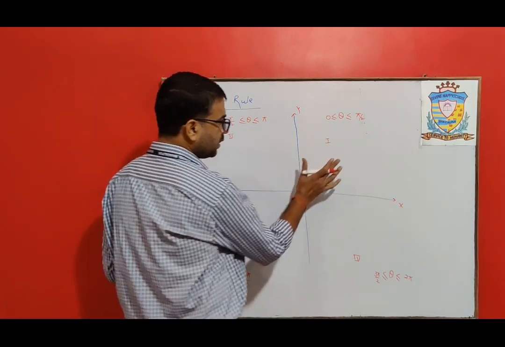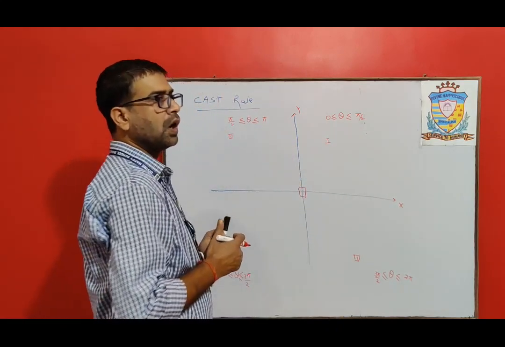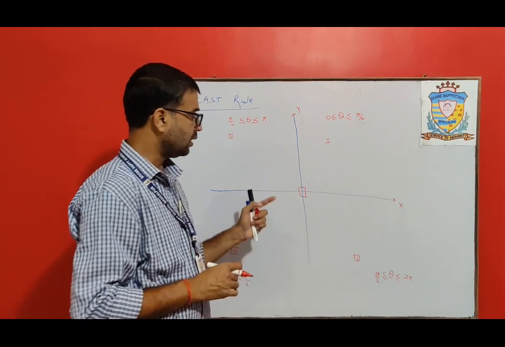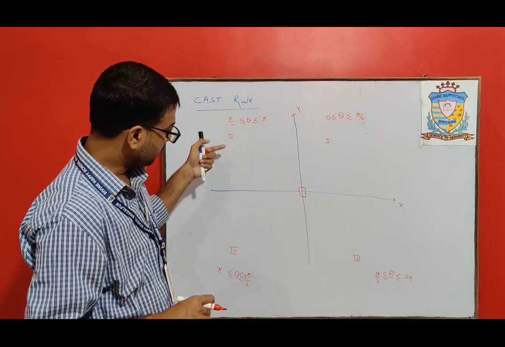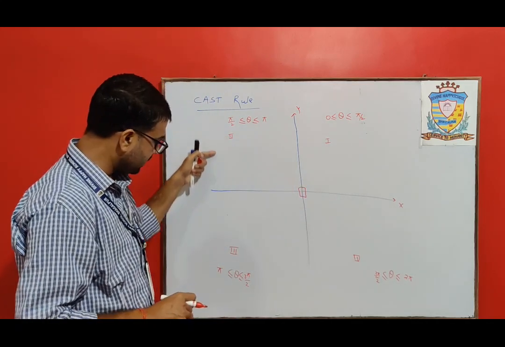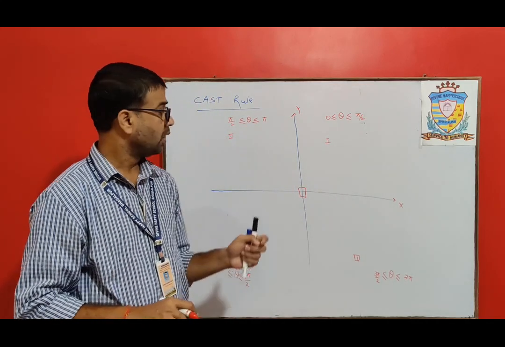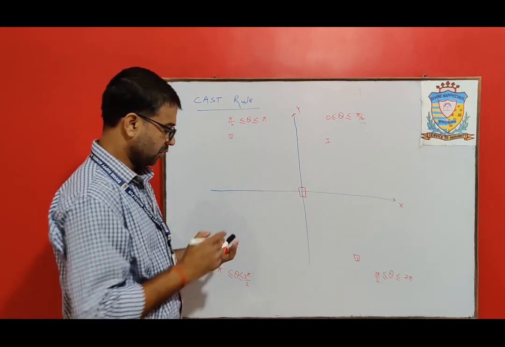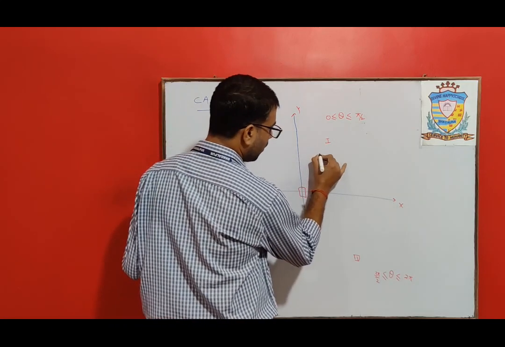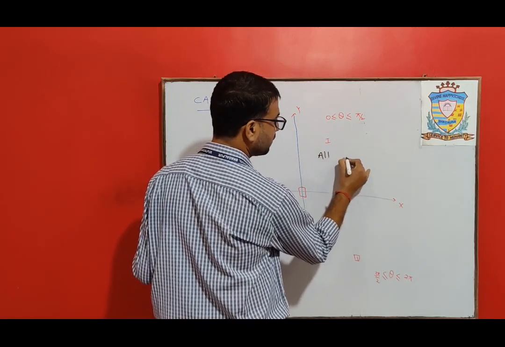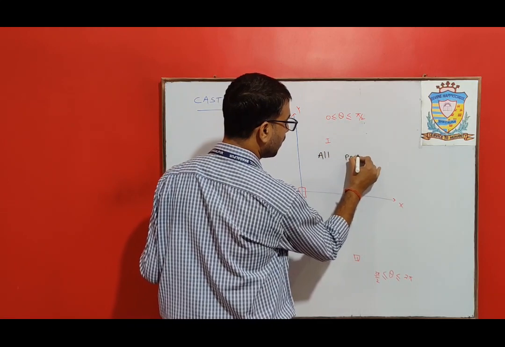In quadrant 1, all values, as in the chart we previously drew, from 0 to 90 degree, sine, tan, cos, sec, cot, cosec, all are positive. So in the first quadrant, all are positive.